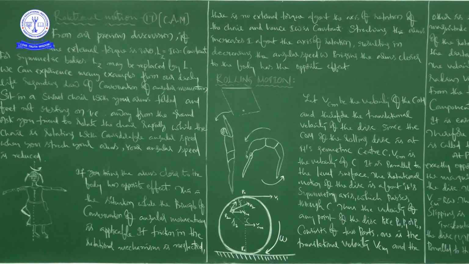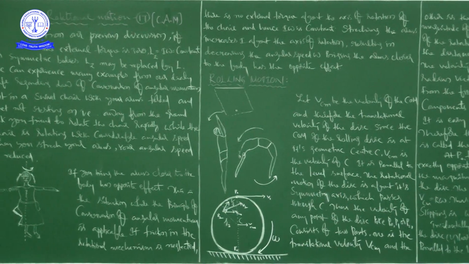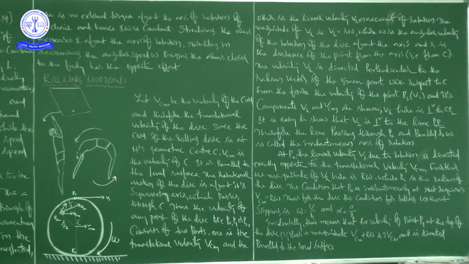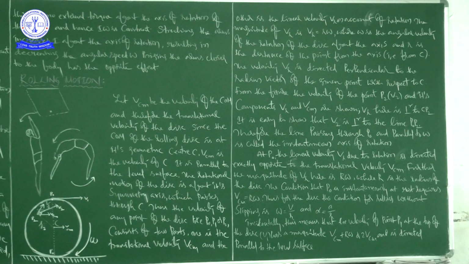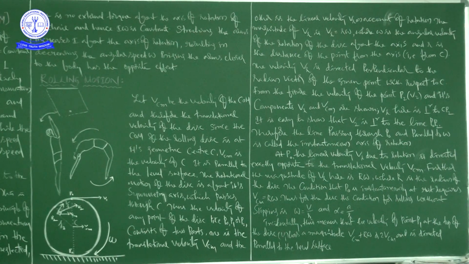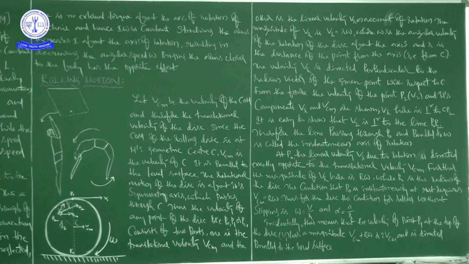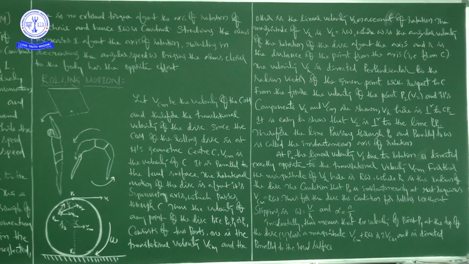Thereafter we discussed rolling motion: what rolling motion and pure rolling motion are, how to calculate the velocity of a body at points P0 and P1 in rolling motion, the condition for rolling without slipping, and what happens to the velocity at P1 compared to P0.